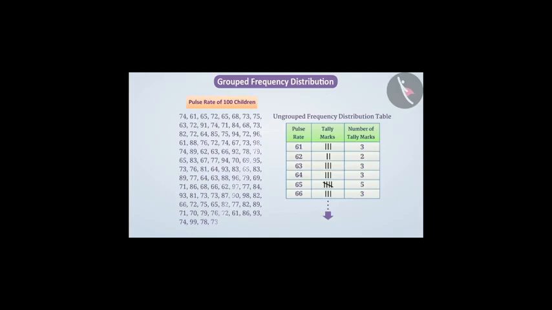Since the data here are many and varied, the frequency distribution table will be longer. It will also be difficult to make such a table and get any information from it. In such a situation, we can make them smaller by forming groups of data.